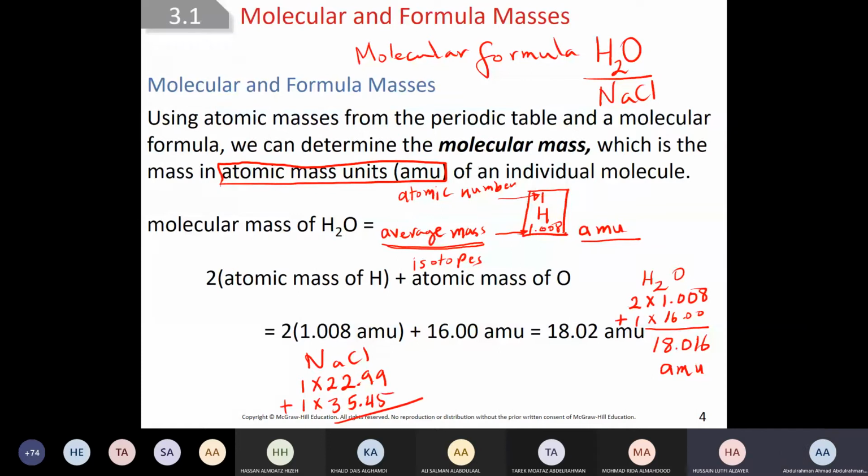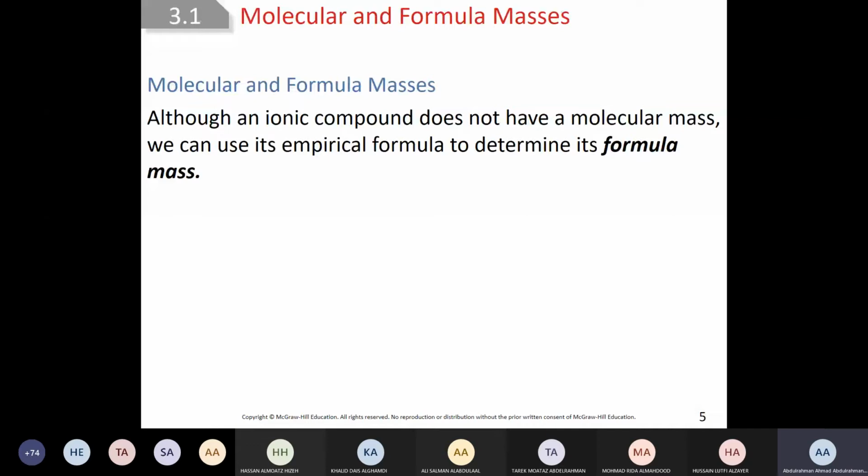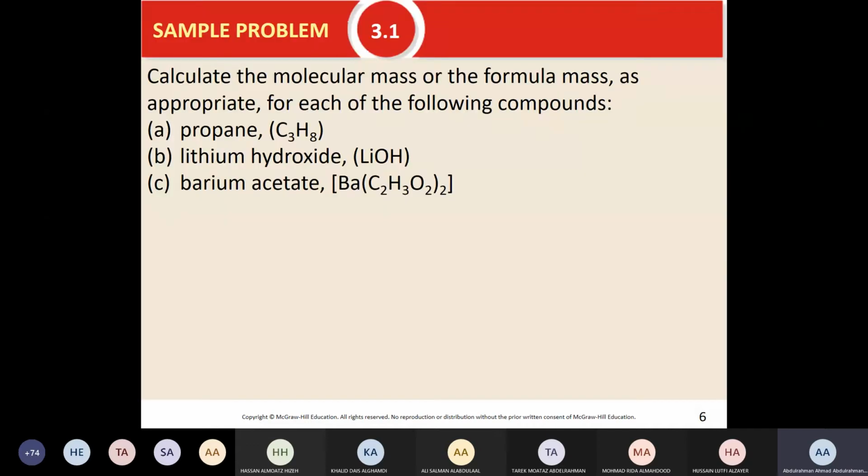What's the total? 58.44. Yes, exactly. What's the unit? AMU. Keep this in mind. Very important. You have to keep this unit in your mind. AMU. Good. Very good.